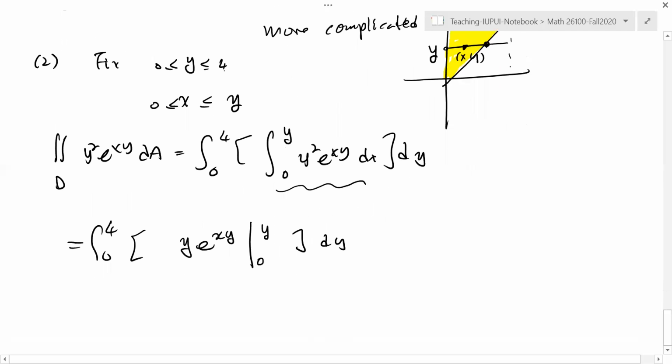So finally, we will get y e to the y squared minus y e to the 0 times 1.